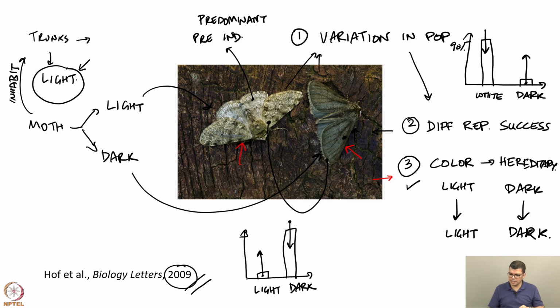So, this is a classical example of natural selection in place, where all three tenets of natural selection are satisfied, and hence you have this almost oscillatory behavior because of human action, first by industrialization and then later on by introduction of these norms which control pollution.